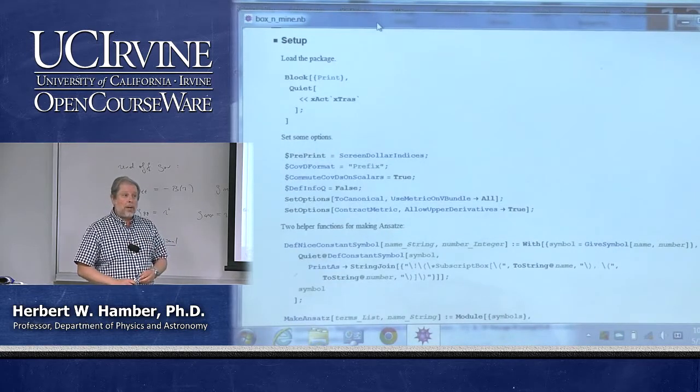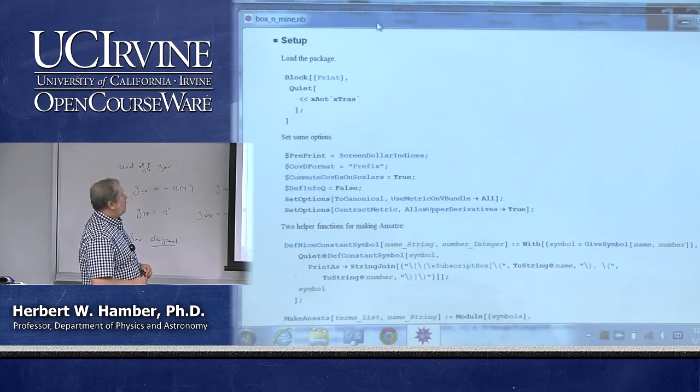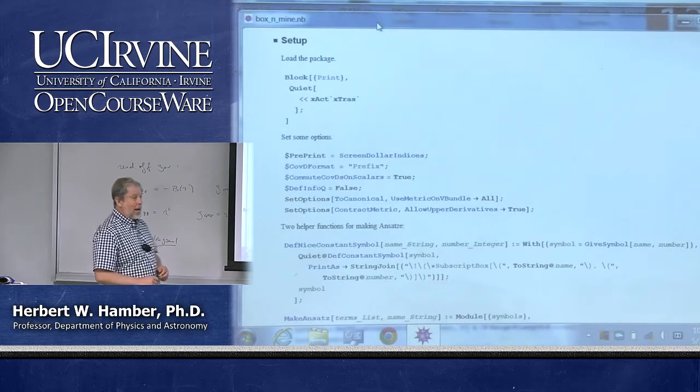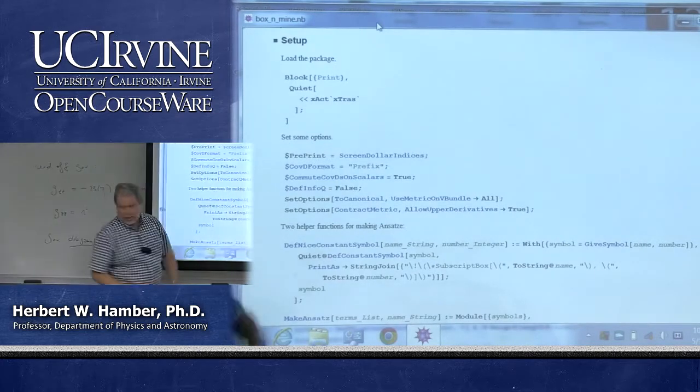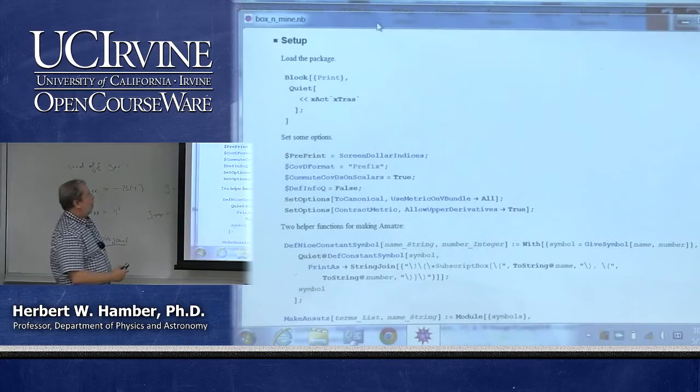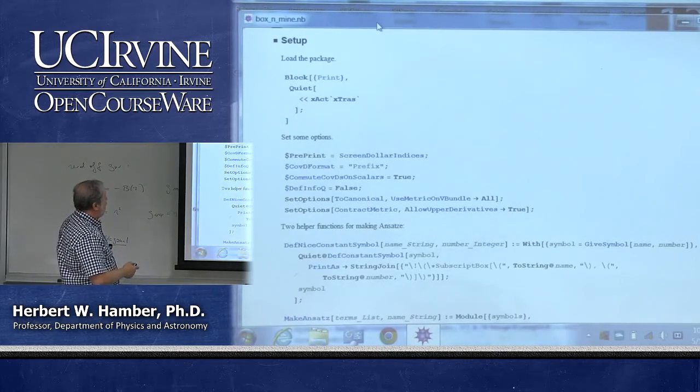Nevertheless, if things get complicated, then at some point you might want to use something a little bit more sophisticated. So this is a package that I've used, which is called xAct, and this is a fairly recent one.